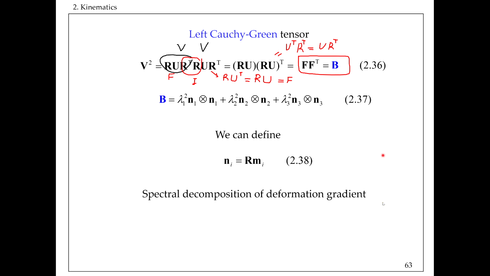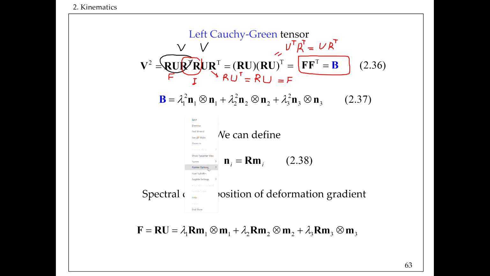We can write the definition of F, which is R U, and then we can look back into the definition of U, and that will be exactly this. So U will be these components here, including M but not including R, right?